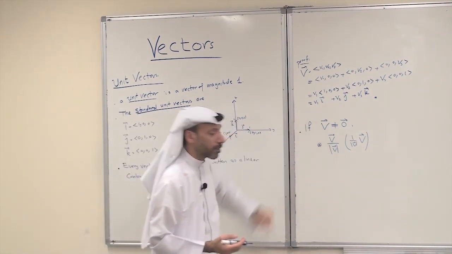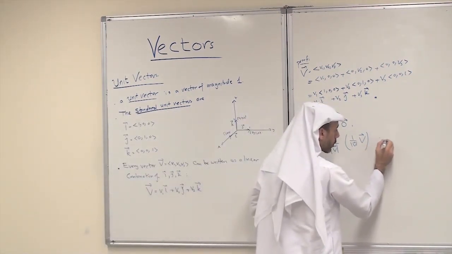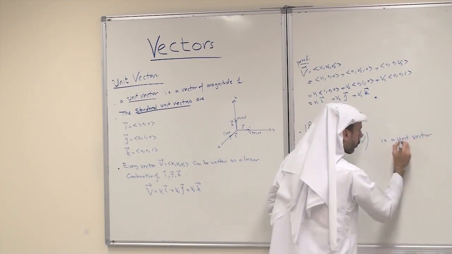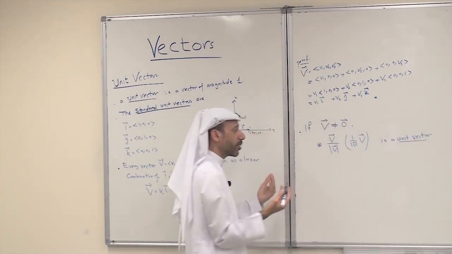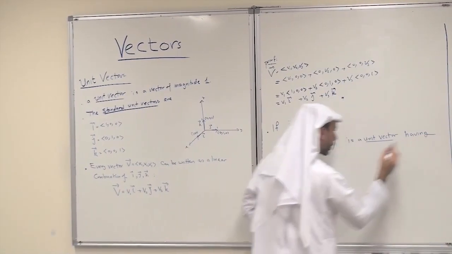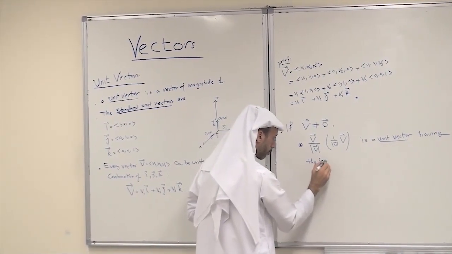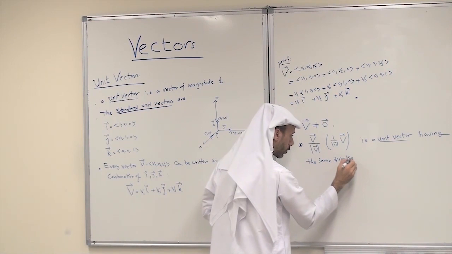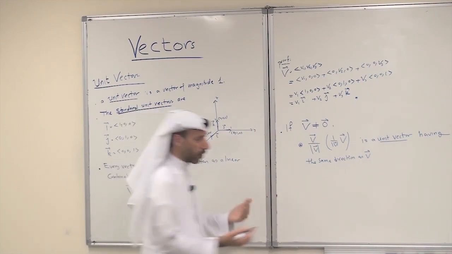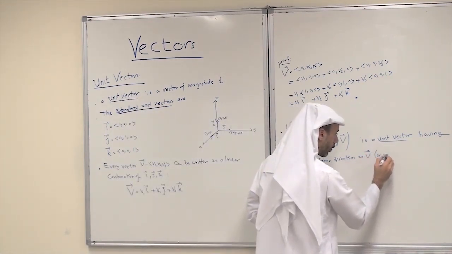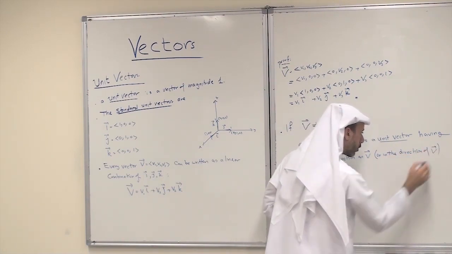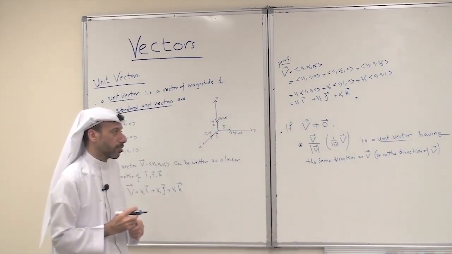Now this new vector is really a unit vector, having the same direction as the vector v, or in the direction of v. This is a unit vector.